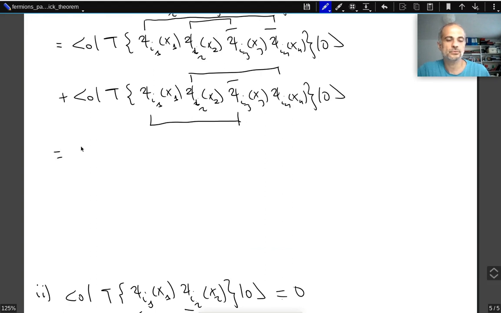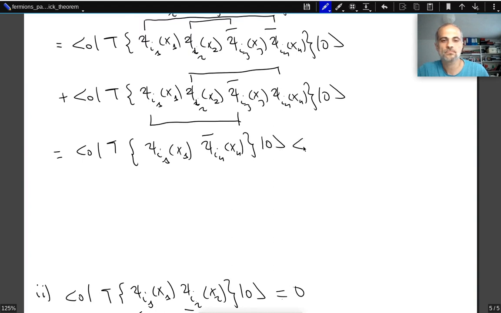So this will be equal to 0 time ordered product of psi i1 of x1, psi i4 bar of x4, times the time ordered product of psi i2 of x2 and psi i3 of x3. These are what these contractions mean.